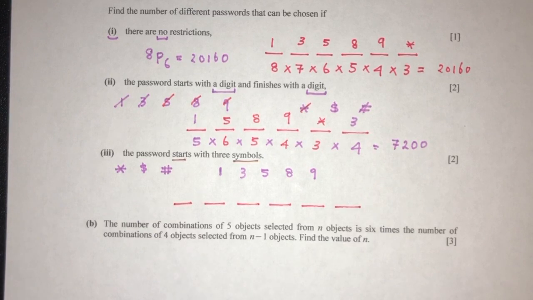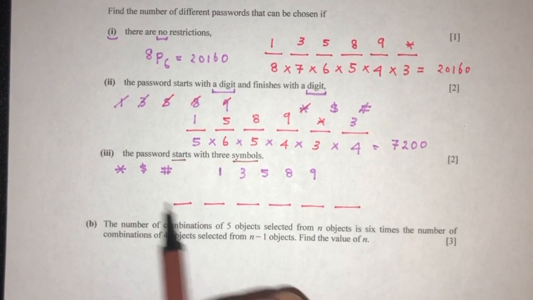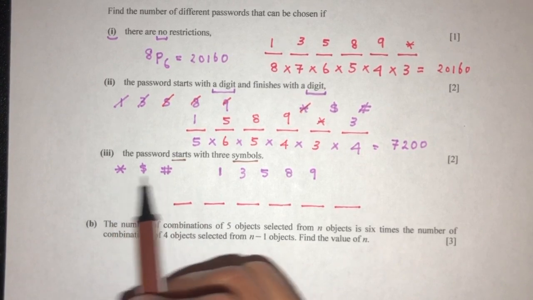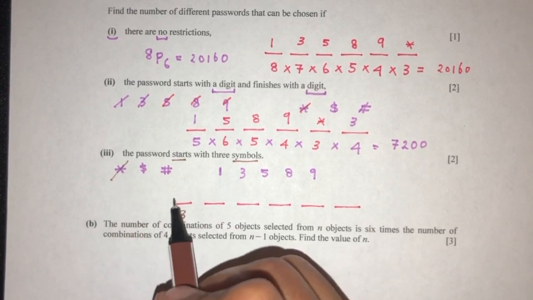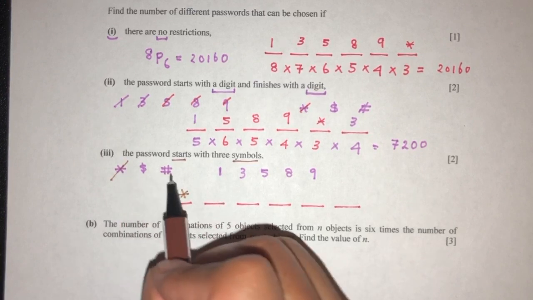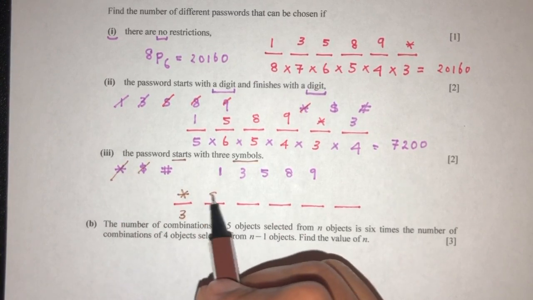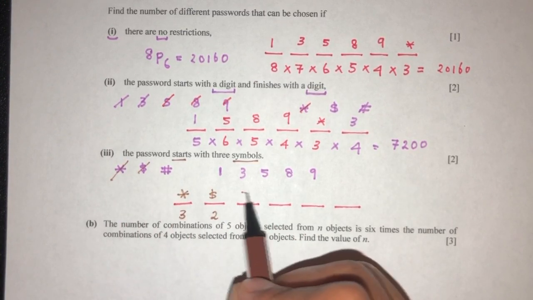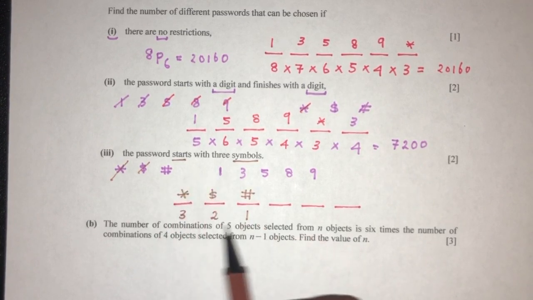Now, obviously, the password starts with these 3 symbols in the first 3 positions. For the first one, we can choose anything from these 3. There will be 3 options. Then for this one, there will be 2 options. And then for this one, I will have only 1 option remaining. So these are the first 3 positions.